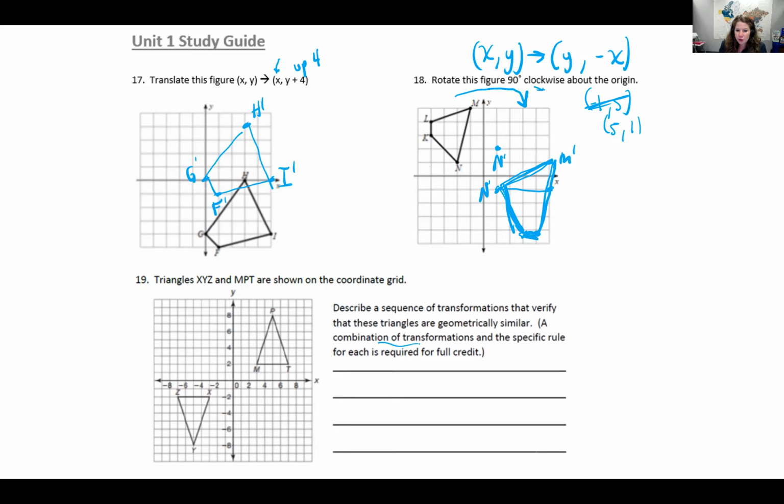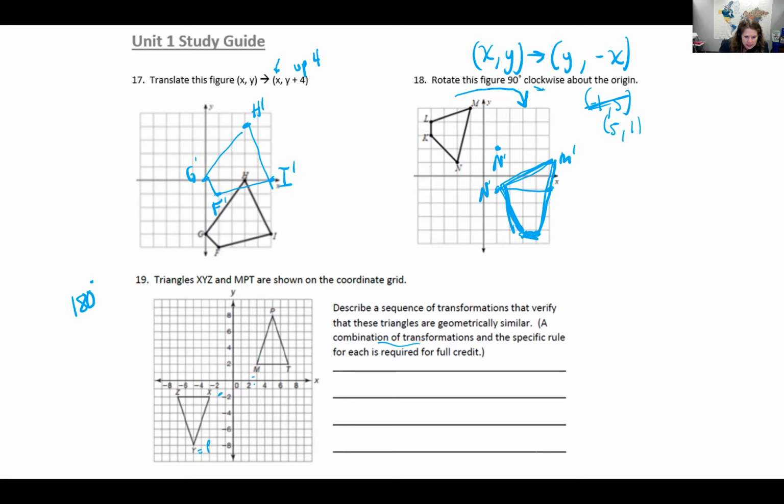All right, we're going to describe the sequence of transformations. That means 2. All right, so we can see that this thing has been rotated, right? So if we rotated 180 degrees, remember both of the numbers change signs. So M went from 3, 2, and we know that P goes with Y, and M and X go together.